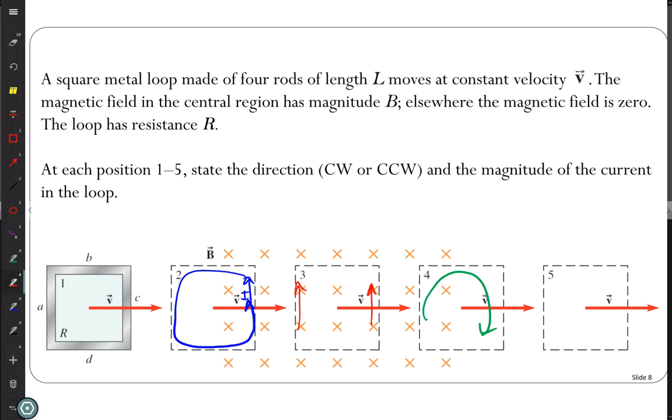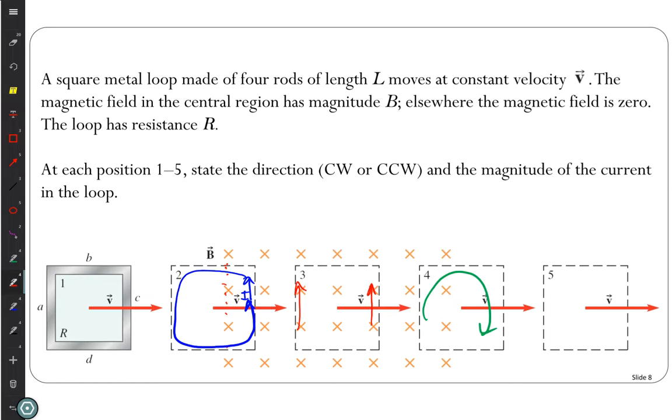And actually, it's continuing on until you get to the edge being right here. Your flux is increasing in the direction it's going into the slide. So using Lenz's law, if the magnetic field is into the slide, what direction should the induced magnetic field be? Out of the slide, if the flux was increasing. So I need to have my magnetic field out, so I put my fingers like this.